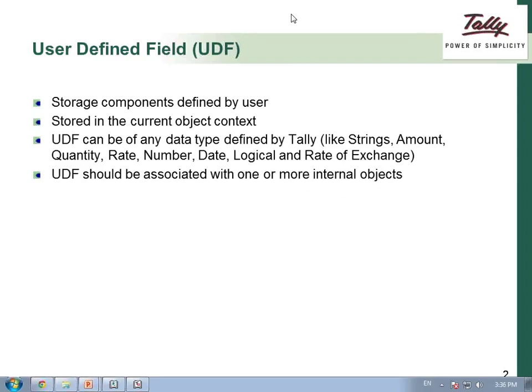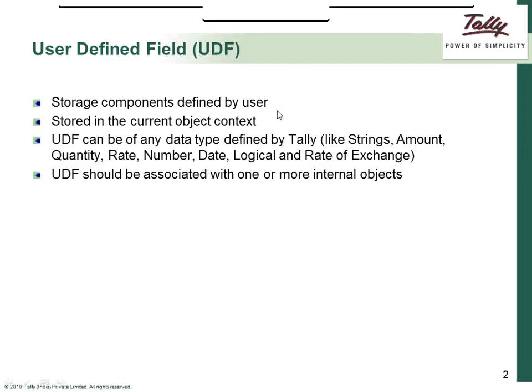Now you understand how important it is about the object association. This is the importance of object association. Whichever report you go and you add the field, that is the object context of the storage. There is no explicit contexting required.